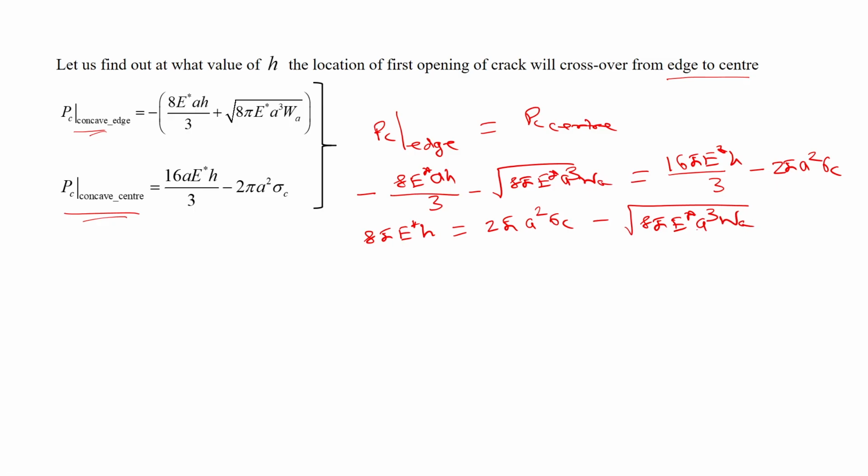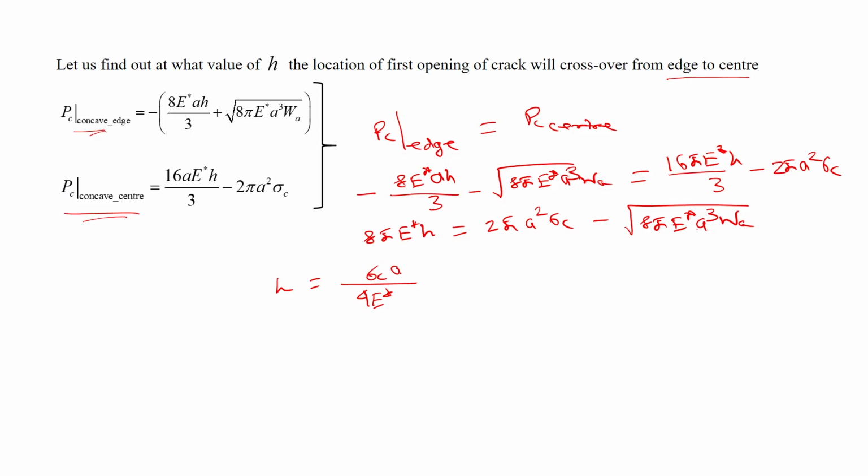So, this is now H, therefore, H will be equal to, let us say, pi gets cancelled, it is 4 here, here only E star, and this is sigma C into A square.